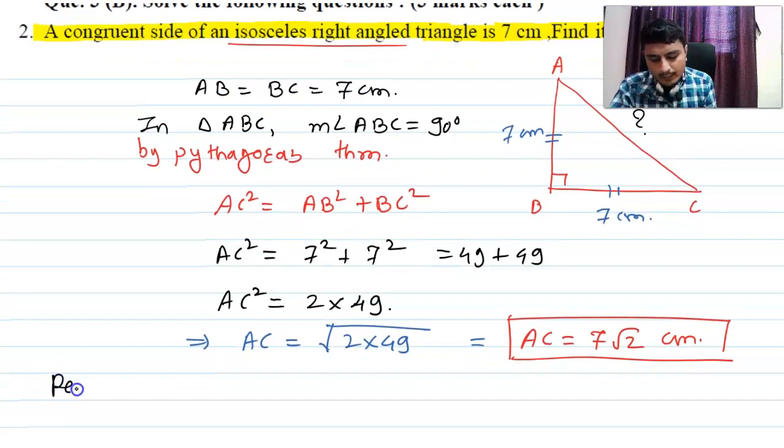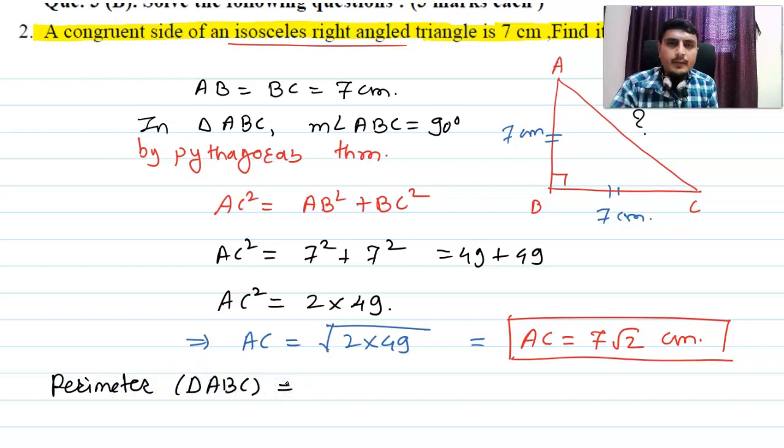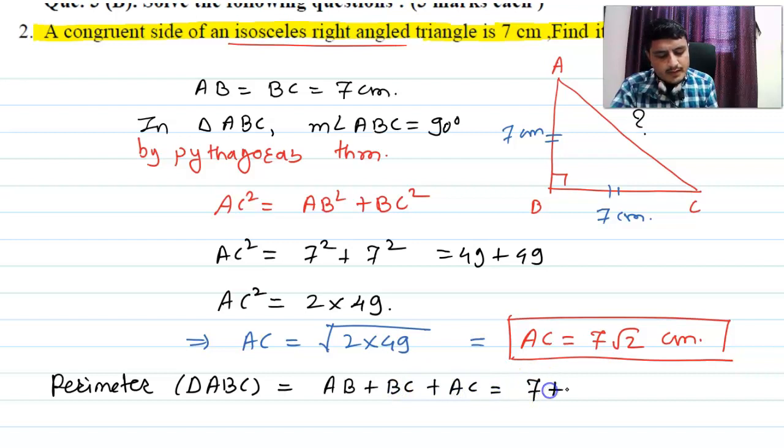Now to evaluate the perimeter of the given triangle ABC. What is meant by the perimeter? Sum of all sides. That means AB plus BC plus AC. The value of AB is 7, BC is 7 and AC is 7 times root 2. So 7 plus 7 is 14, and we get 14 plus 7 times root 2.